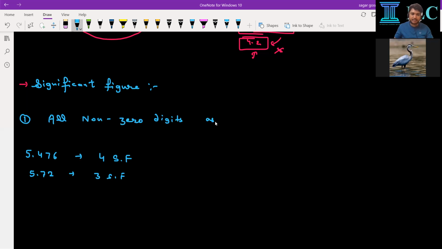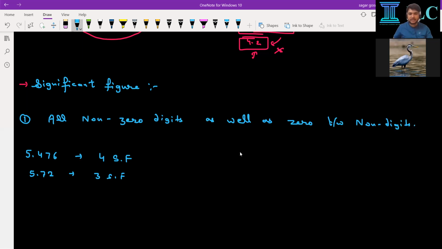As well as remember, if zeros are lying between non-zero digits, they are also significant.